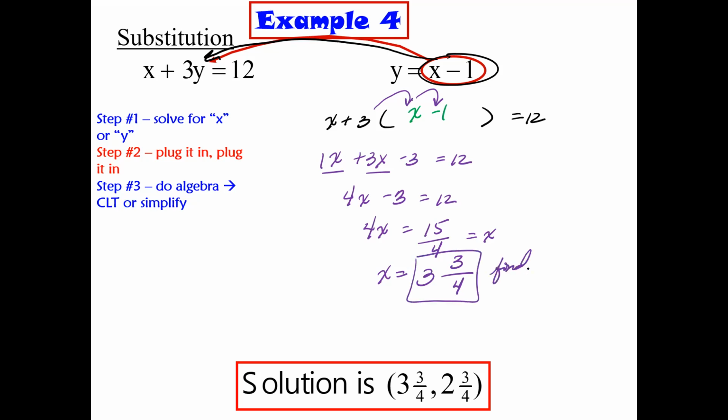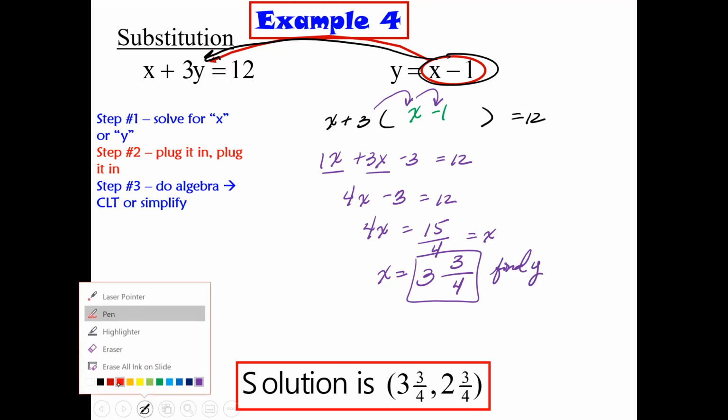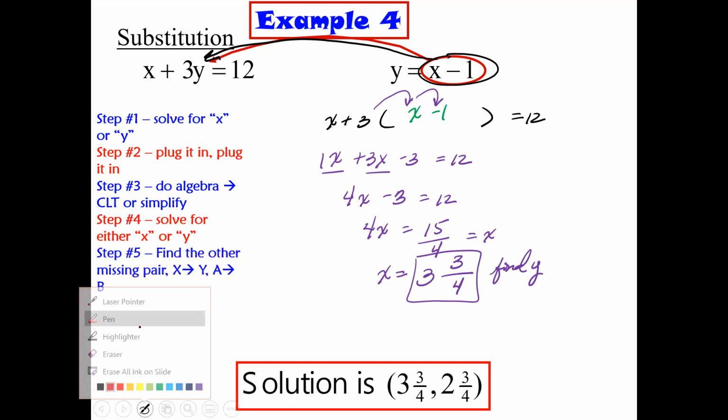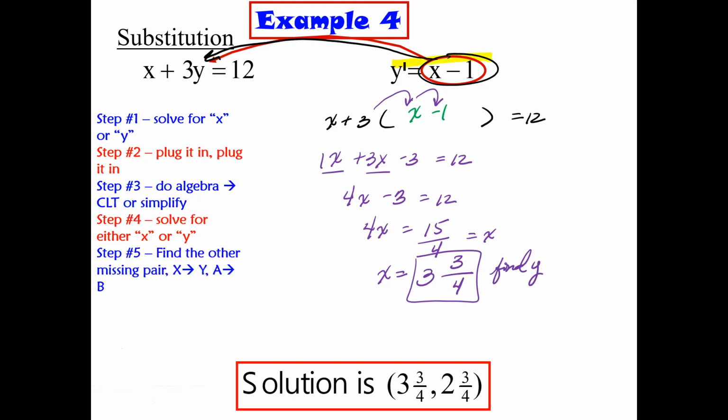Now that you have x, you have to find y. In order for you to find y, you will have to plug into either the first or second equation. Let's plug into the second equation since y is already solved. Y equals x minus 1. Well, x is just 15 over 4 minus 1.